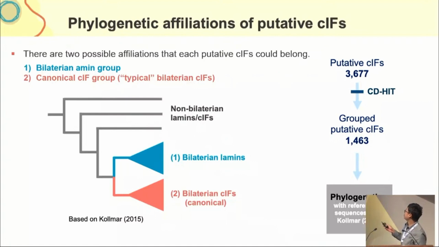So for our work, first we try to group our putative cIF based on sequence similarity to reduce our computational work. And from this reduced number, we pick each individual candidate one by one and perform phylogenetic analysis separately. So at the end of this analysis, we would get 1,403 different trees, each including an individual candidate.